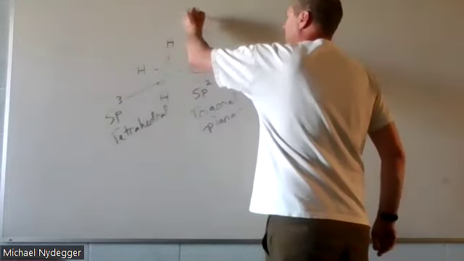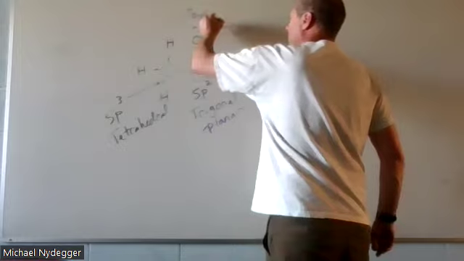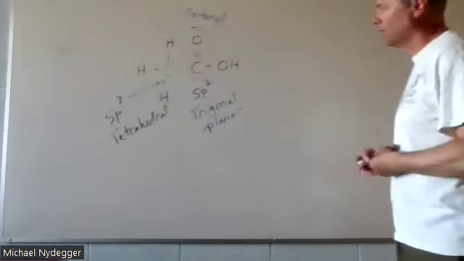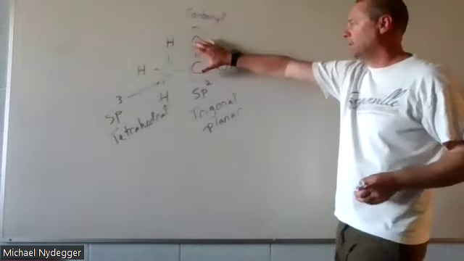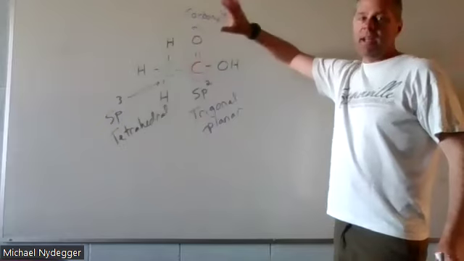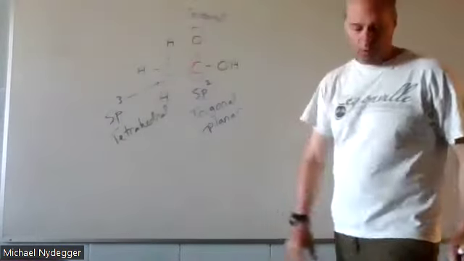This is called a carbonyl, just that group. This is called carboxylic acid, but this is a carbonyl. You'll see this one a lot, and they'll take advantage of that quite a bit.